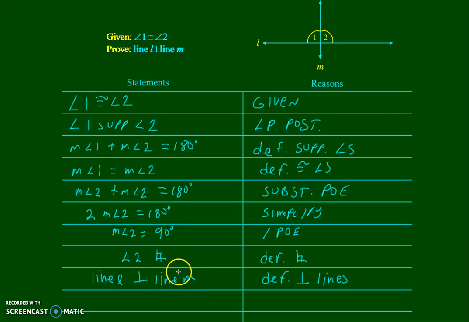Now that's a little bit longer proof than what we're used to, and a little bit more logic than we've had to go through in the past, but if you have trouble with this, go through it again. You should be able to see that as each statement was written down, these definitions led us to the next statement that we had to make. We asked ourselves the question, what does this mean?